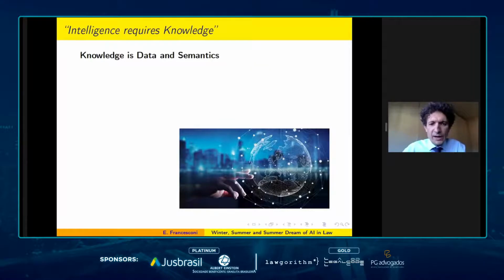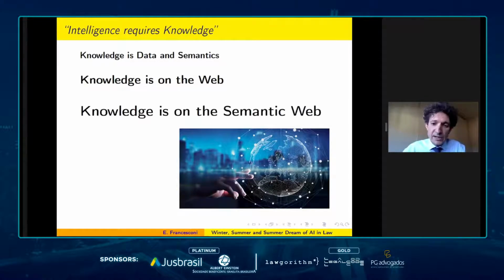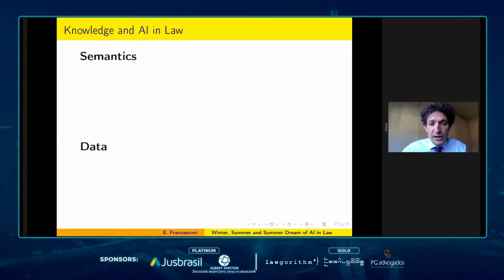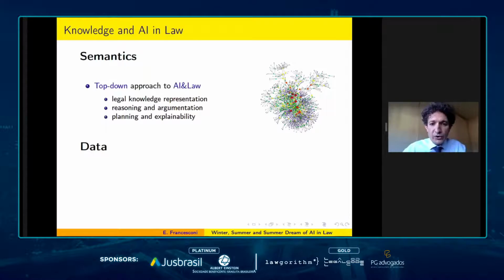So going back to the Rich and Knight motto, intelligence requires knowledge, we can say that knowledge is nothing but a combination of data and semantics. But knowledge is actually on the web, and in particular, knowledge is on the semantic web. And knowledge in the semantic web is also important for AI in law, because it provides semantics for a top-down approach to AI in law, in terms of legal knowledge representation, reasoning and argumentation, planning and explainability.